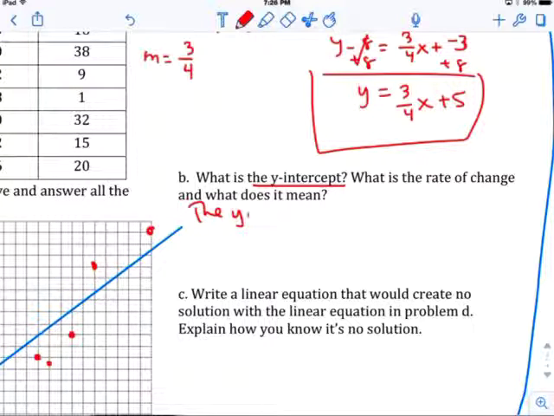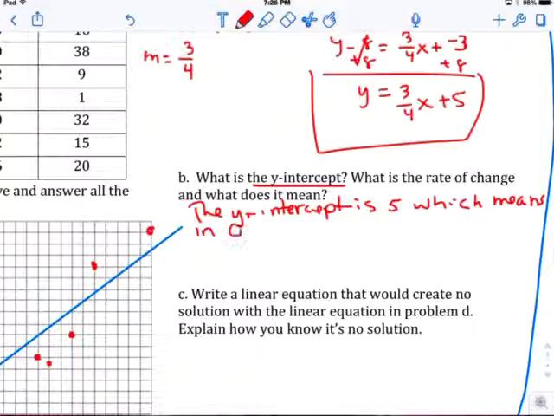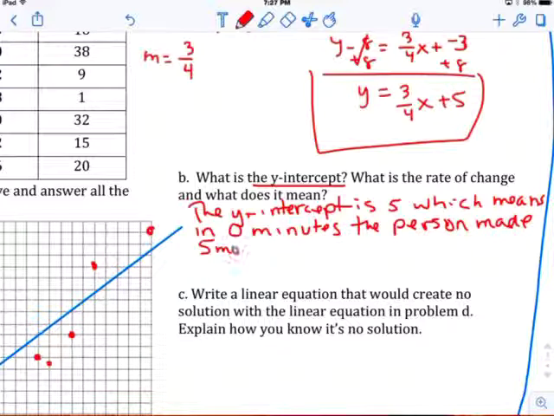The y-intercept is 5, which means in 0 minutes, the person made 5 points.